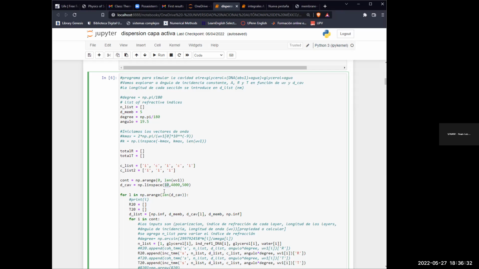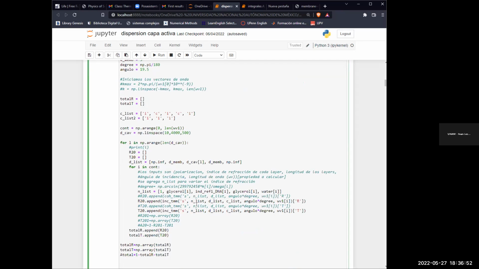This is not the last version of my program, but however, we are varying the cavity length from 10 nanometers to 10,000. Here it is 4,000, but my latest version is with 10,000.